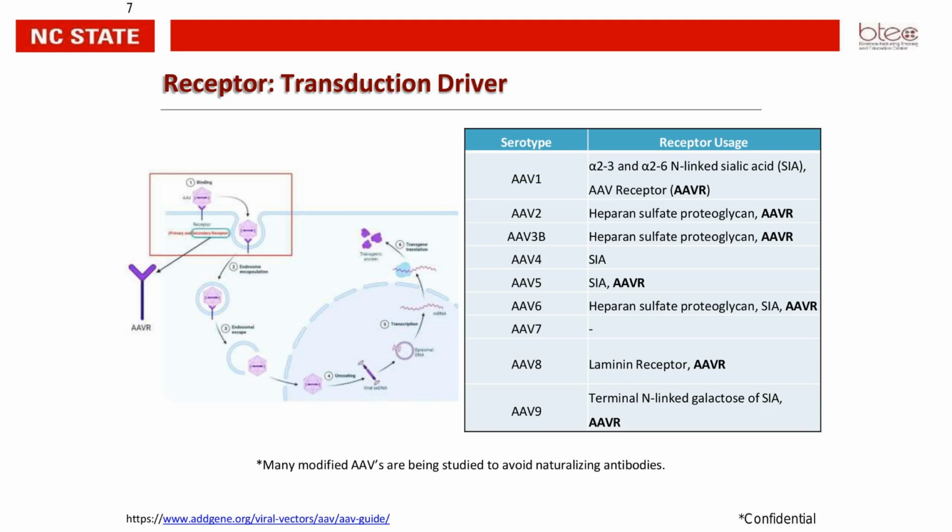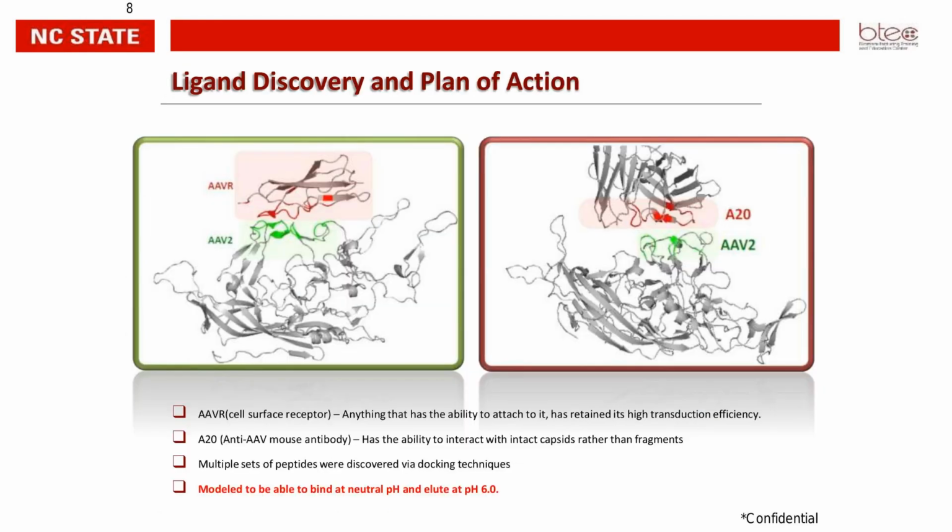So we started doing some studies behind this interaction between AAV and the AAVR. We did a bunch of in silico modeling studies, specifically molecular docking studies with AAV2 and AAVR. And then we discovered a bunch of peptide-based ligands that could have the ability to attach to AAVs while doing some purification work.